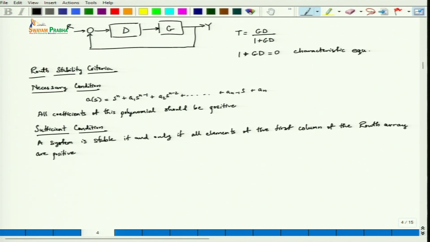So this is the sufficient condition for stability, that is we have to formulate the Routh array, and once we have formulated it, we have to check if all the elements of the first column of that Routh array are positive or not. So now we will understand how to formulate the Routh array.